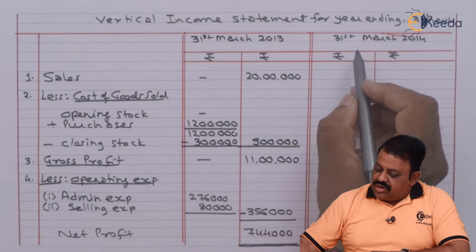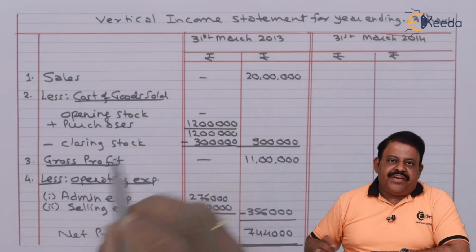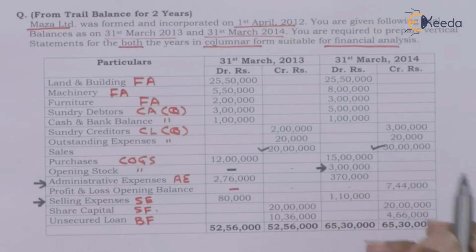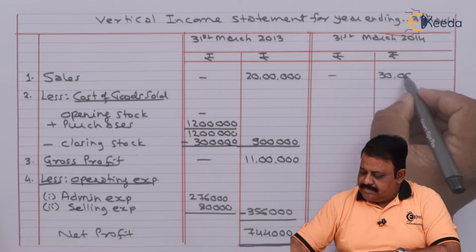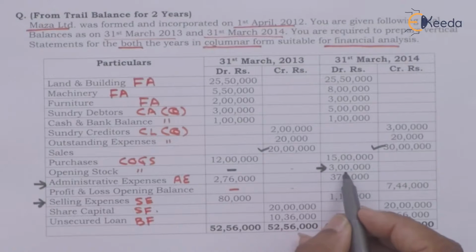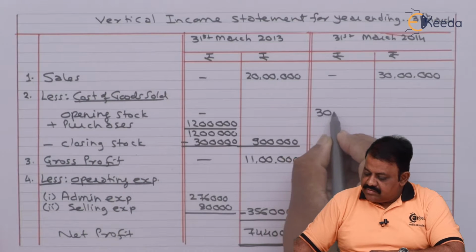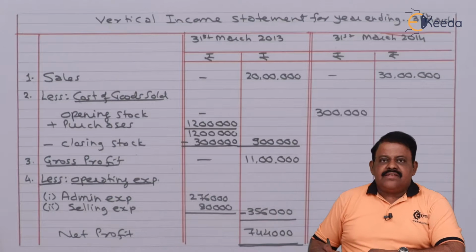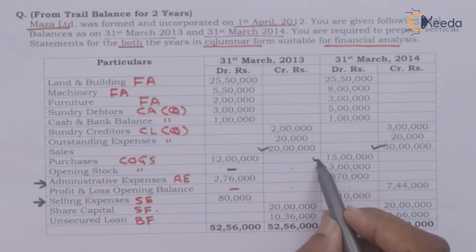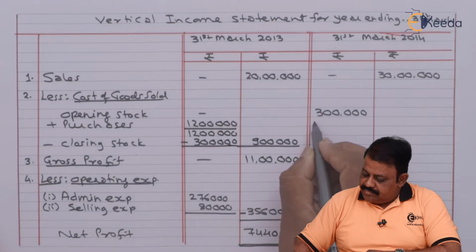Let us complete for 31st March 2014. Sales 30 lakhs. Less cost of goods sold. Opening stock 3 lakhs. Purchases 15 lakhs.